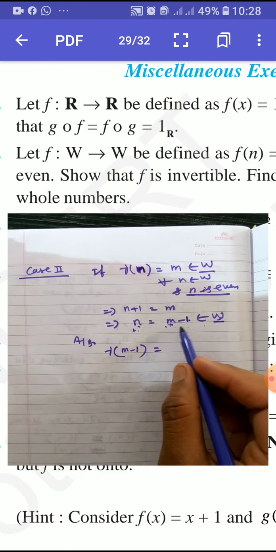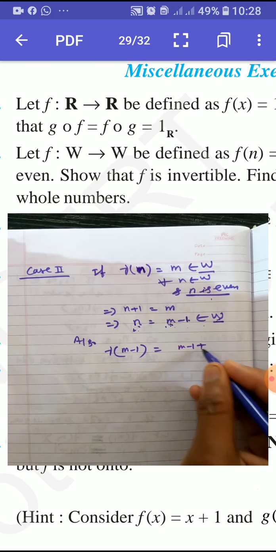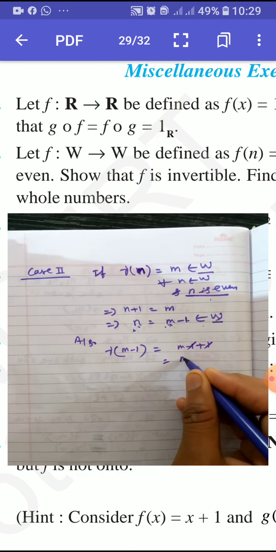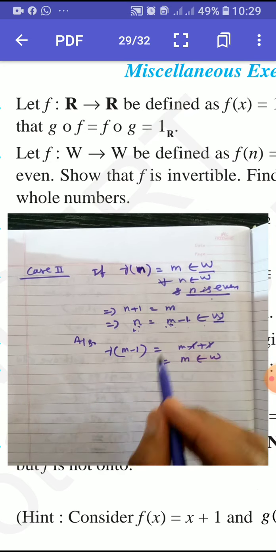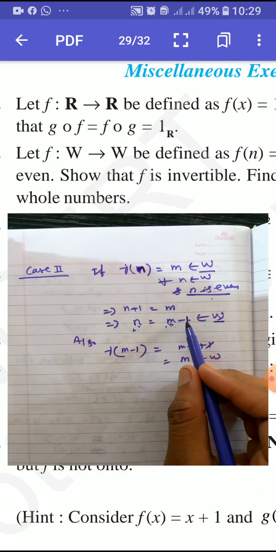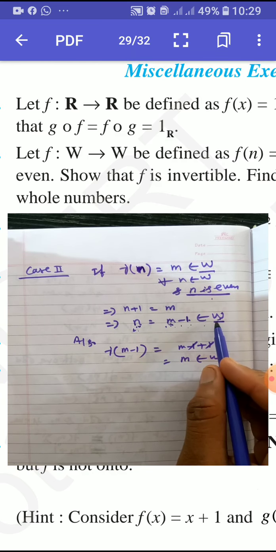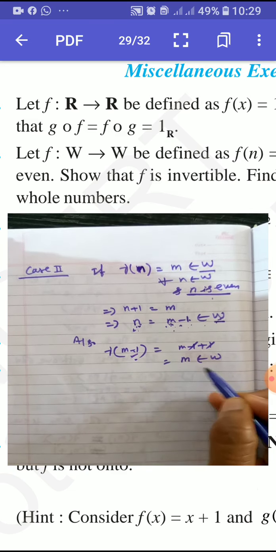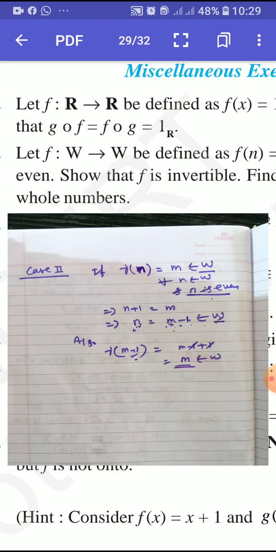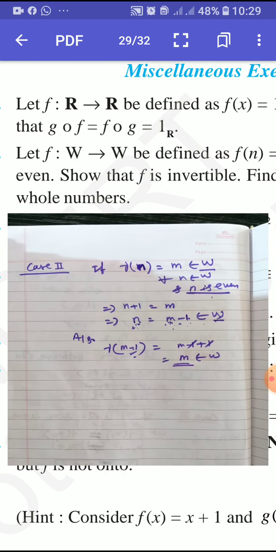We'll put here, since n is even, means m minus 1 plus 1, you are getting m, right? Means for every value of domain which depend on the codomain, if you put this value, you will get m codomain, right? These two cases indicate that a given function is onto.